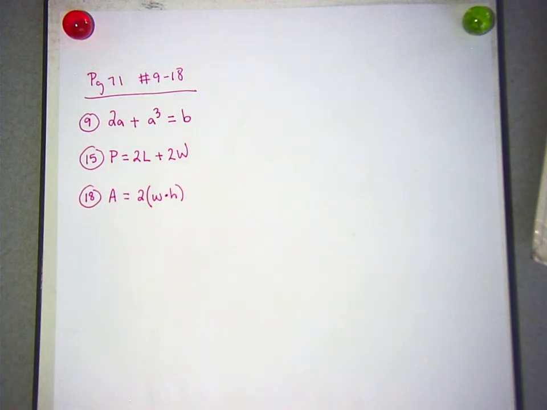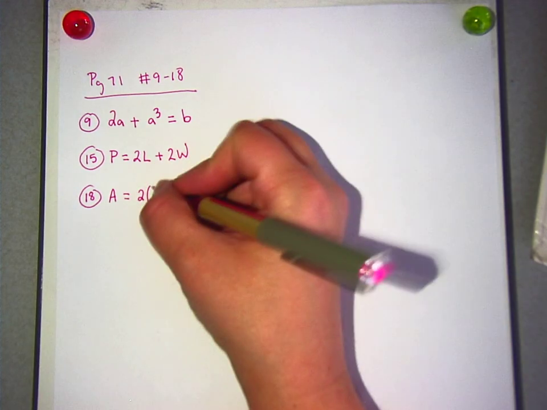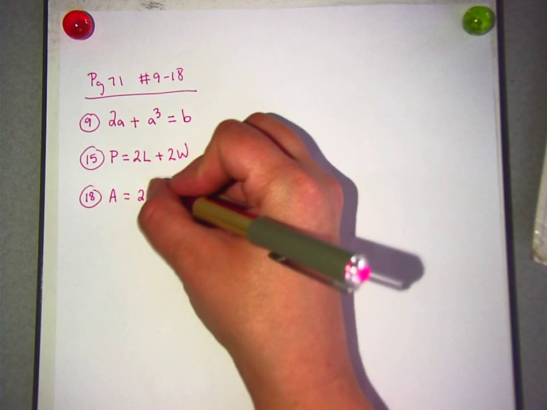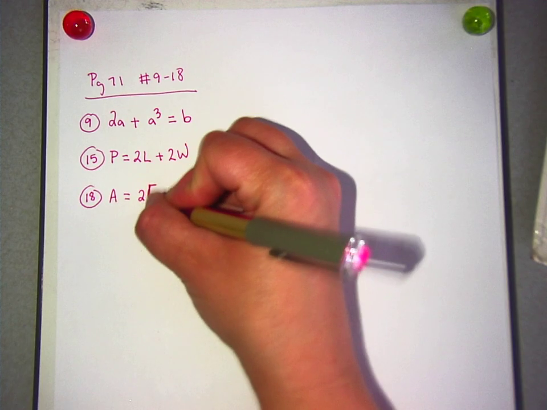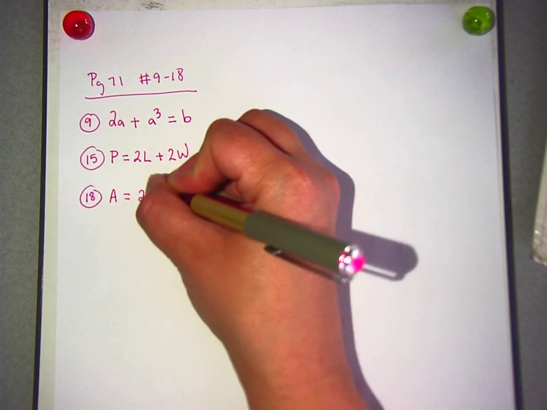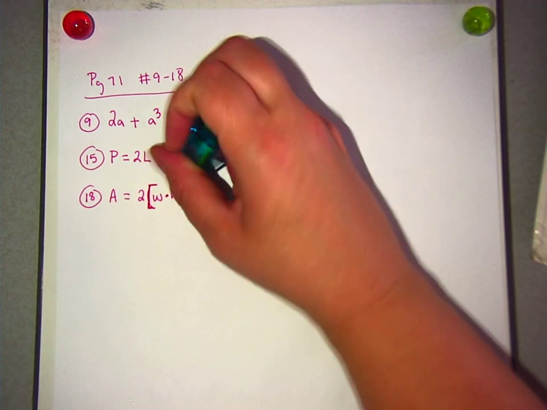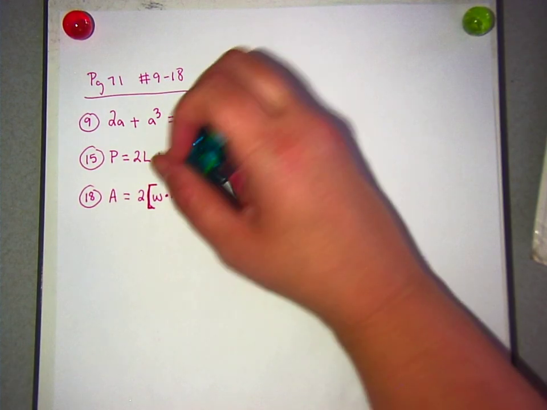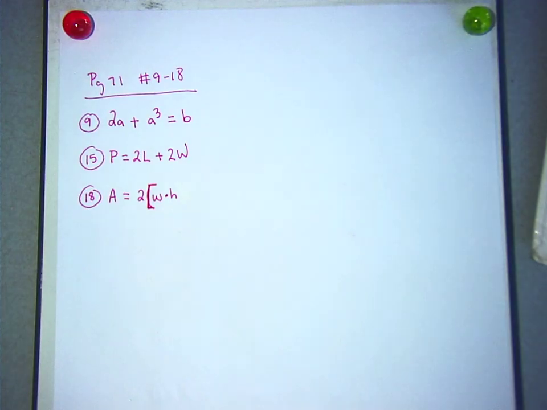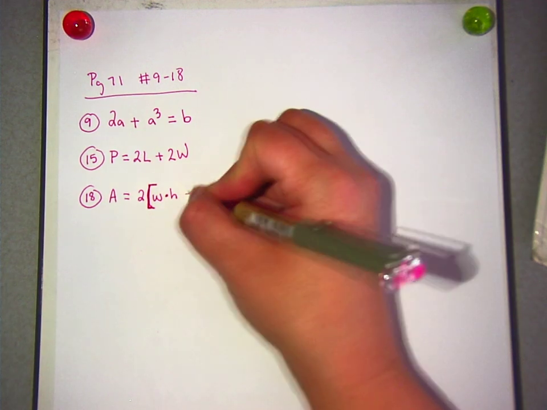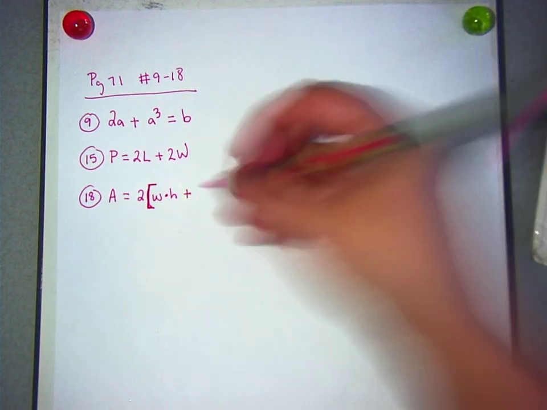We will put it in brackets in a second. Oh, I see what it is. All right, so it's 2 times all of these things. So I'm going to put a bracket here. I'm going to get rid of this parenthesis. All right, it's the width times the height. And then it says the length times the width, but it's the sum, so the sum is adding.